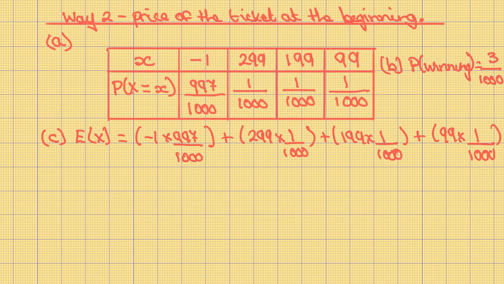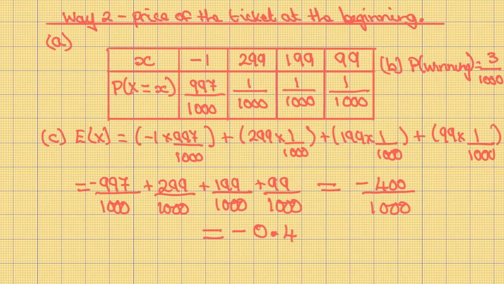In this case, the expected value is equal to minus 1 times 997 over 1,000 plus 299 times 1 over 1,000 plus 199 times 1 over 1,000 plus 99 times 1 over 1,000, which equals minus 997 over 1,000 plus 299 over 1,000 plus 199 over 1,000 plus 99 over 1,000, which equals minus 400 over 1,000, which equals minus 0.4.